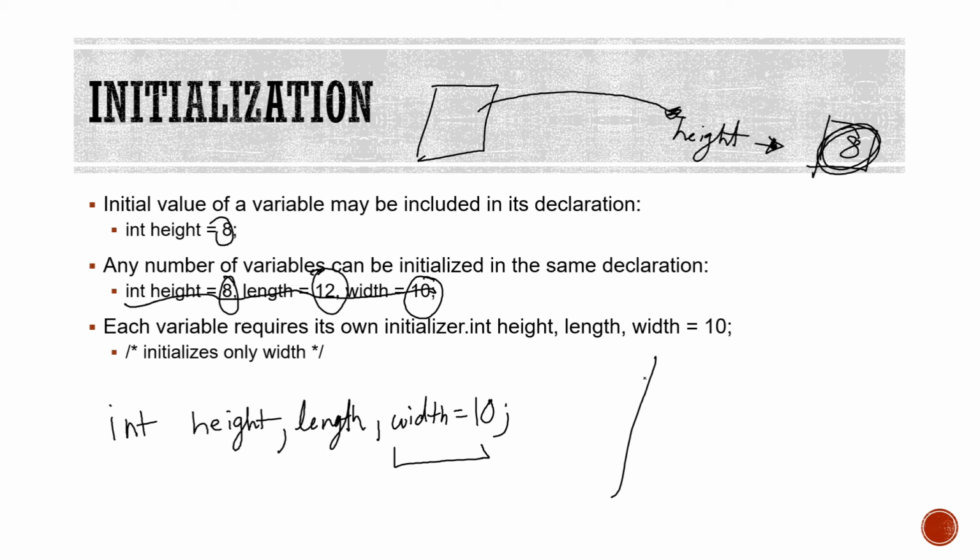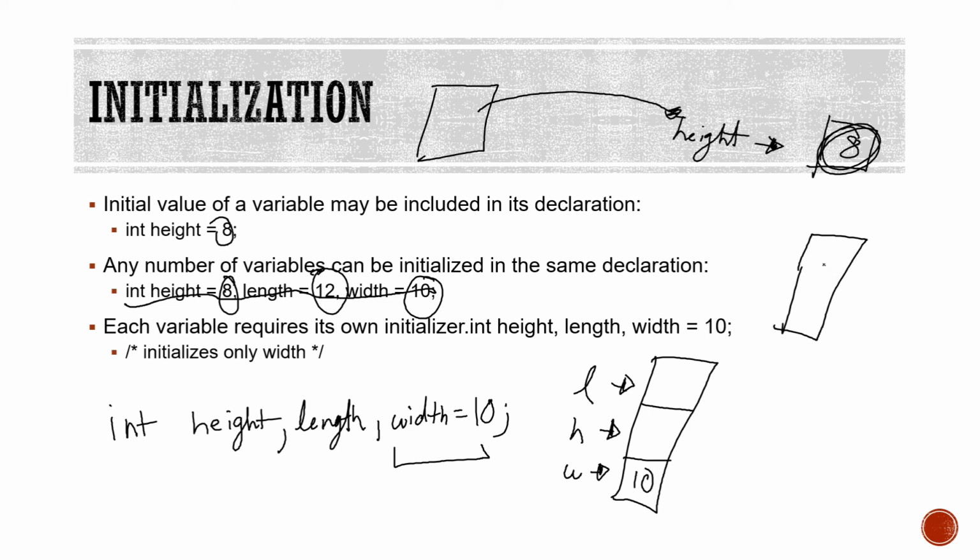So what it looks like in memory: no value in height, no value in length, only 10 in width. But to compare with the one before it, height is 8, length is 12, width is 10.